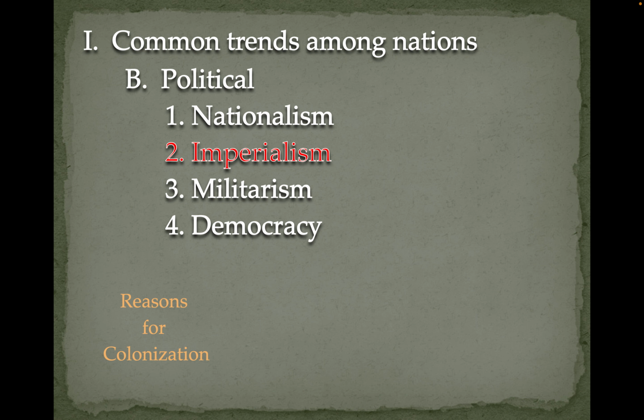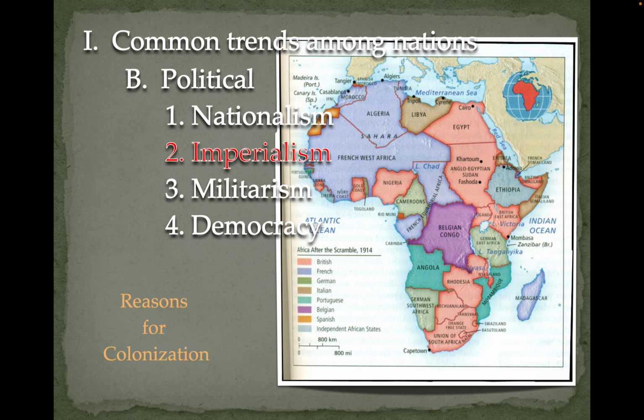Those factories that were needed in order to get a jump on business from other countries and competitors needed more raw materials. And many of the European countries who had industrialized at this point, and the United States, needed additional materials to make those machines work and to create finished products. So natural resources is going to be one of the major reasons why anyone colonizes.